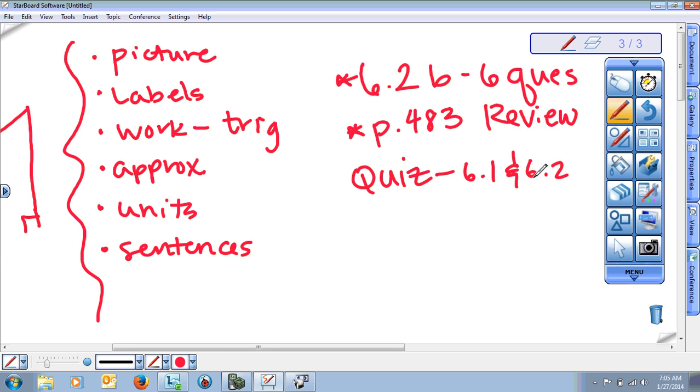Then you went to 6.2. 6.2 is finding the 6 trig functions: sine, cosine, tangent, cosecant, secant, and cotangent, and then word problems. So be ready for all of that information next time. That quiz is worth 50 points according to your calendar. You should be ready to start working on everything now. You will be busy the entire period working on this assignment.